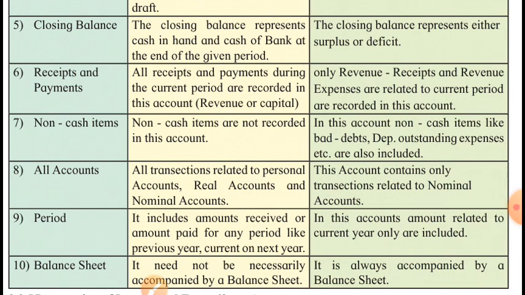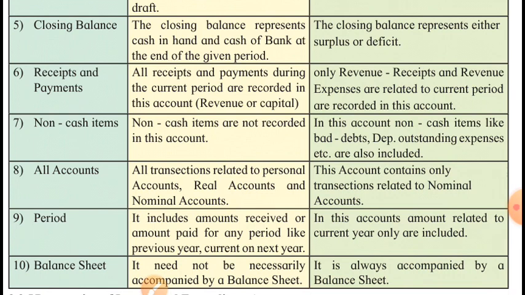The next point is that all receipts and payments during the current period are recorded in this account. All receipts and payments means revenue receipts as well as capital receipts, revenue expenses as well as capital expenses. Both types of receipts and payments are shown in the receipt and payment account. It doesn't bother about the nature of the receipts and payments, but in the income and expenditure account, only revenue receipts and revenue expenses, and that too related to the current period, are recorded.